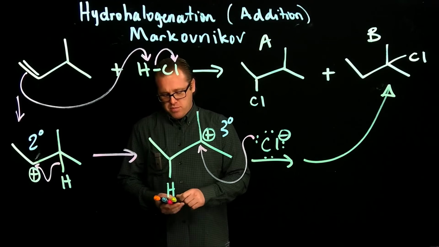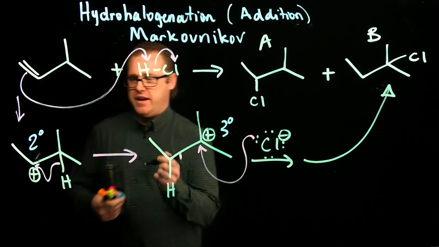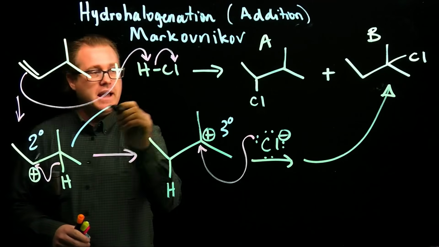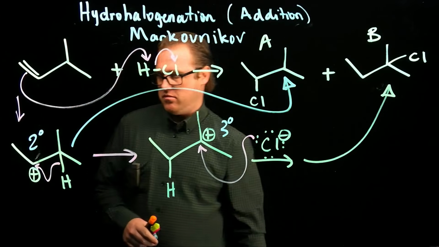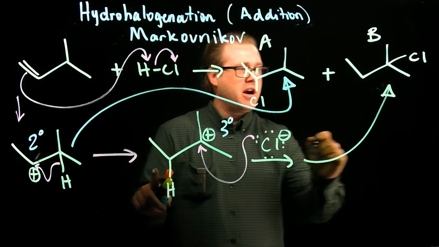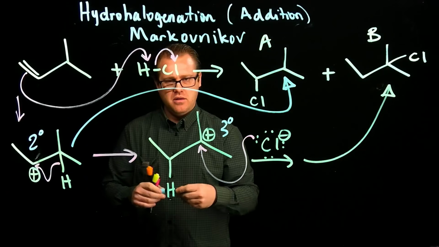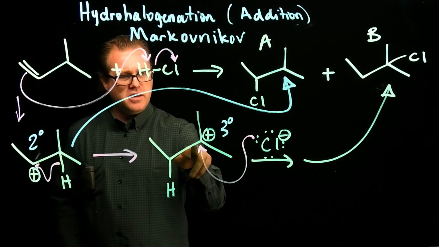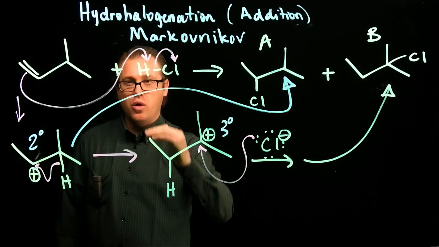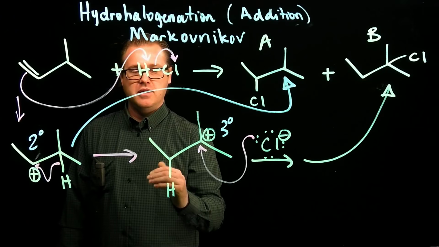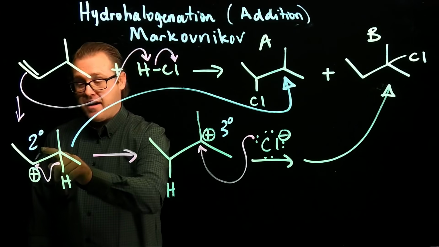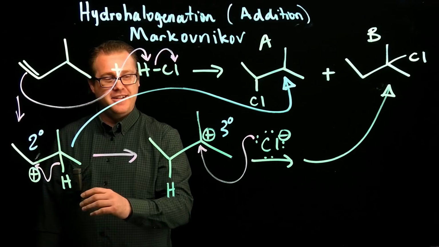So what would be our major product? Well, if this secondary carbocation led to product A, and this one right here, the tertiary, led to product B, this intermediate is going to be lower in energy. So it's going to be easier to form this over this higher energy secondary cation.